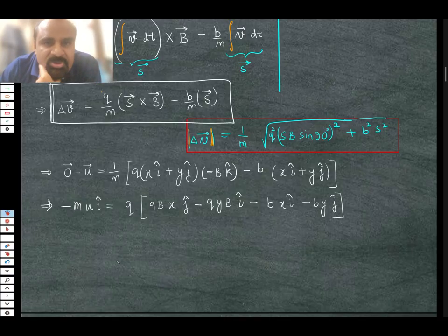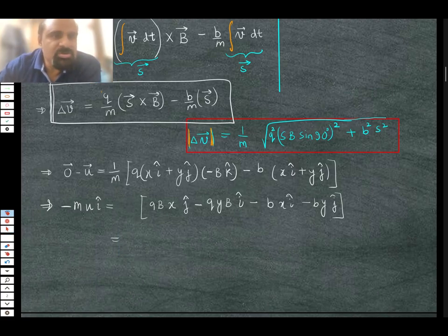Is it fine? Am I doing any mistake? Let me just cross check. q x b I cross k is minus j, q y b j cross k is I, so that's why this minus is there, and this. Okay, so why is this q there?